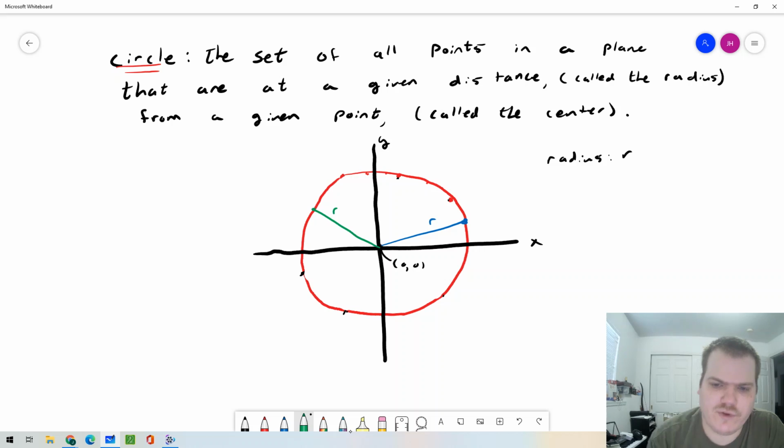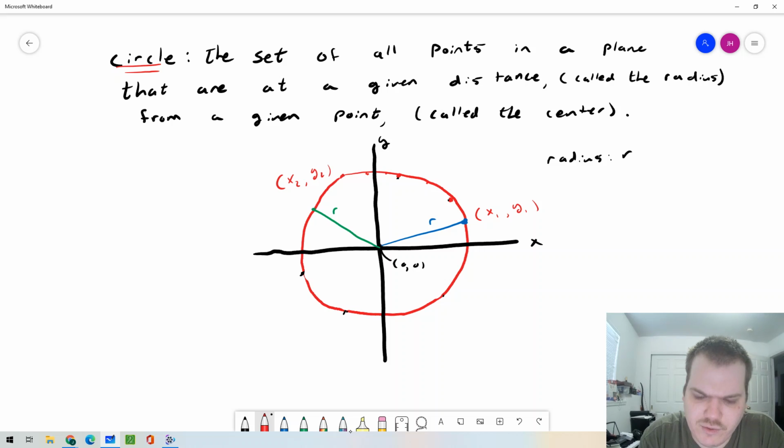If I take this point right here, let's call this point x1, y1. That's got to be some distance away from the origin. And let's call this x2, y2. And that's got to be some distance away from the origin. And let's see what we come up with.